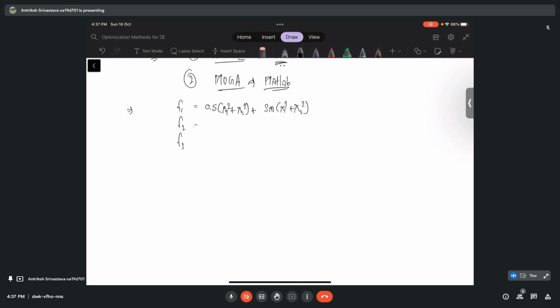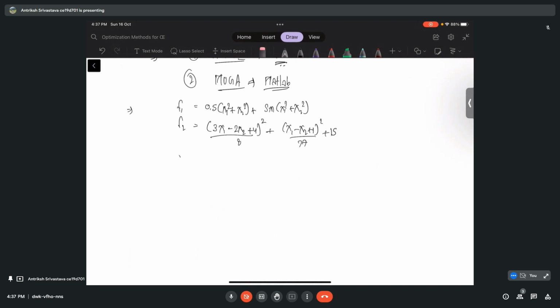The second objective function is (3 x1 minus 2 x2 plus 4) power 2, that is square, divided by 8, plus (x1 minus x2 plus 1) square divided by 27 plus 15.